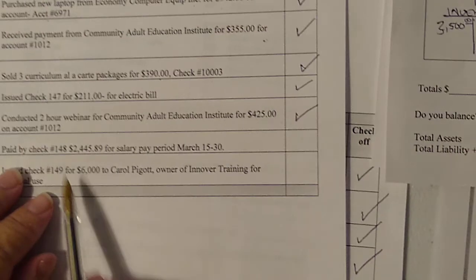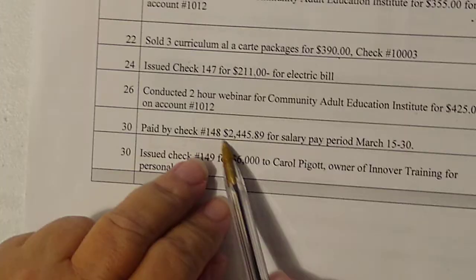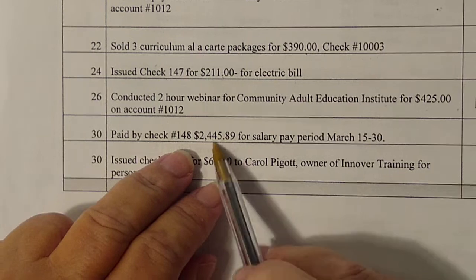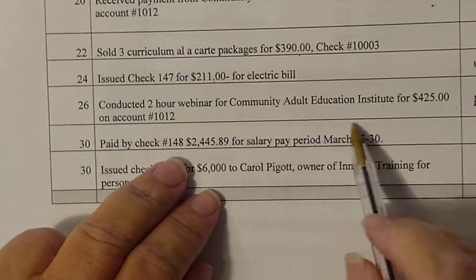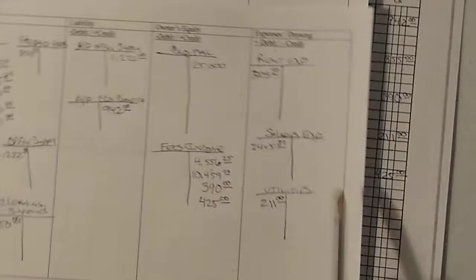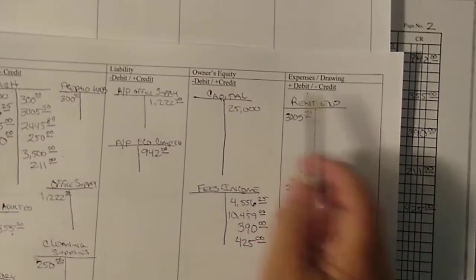Next one. Paid by check. Check 148, $2,445.89 for salary. Pay period March 15th through the 30th. So, we did this before. We have salaries expense. And then we have cash. It's going to be affected. We increase salary expense by debiting it.